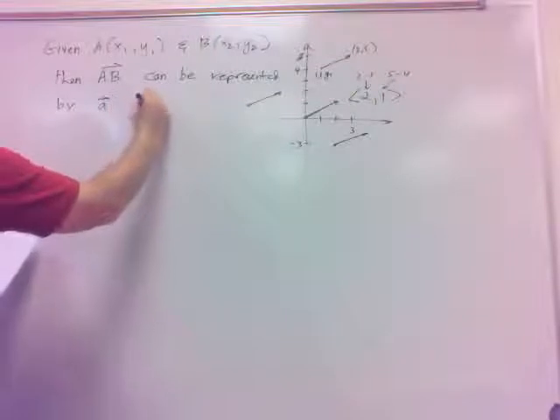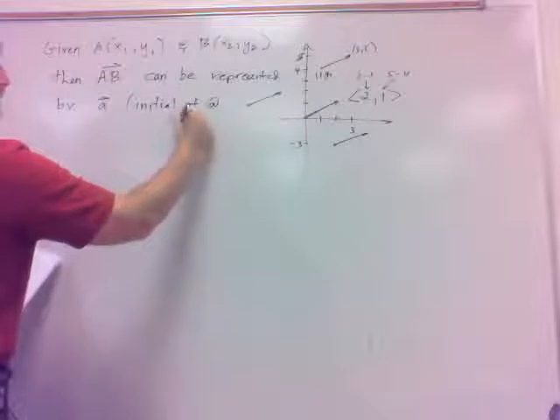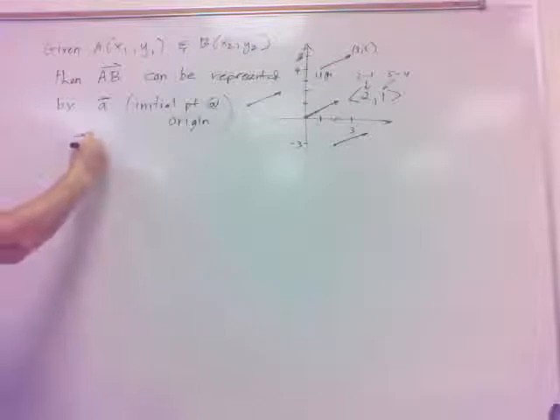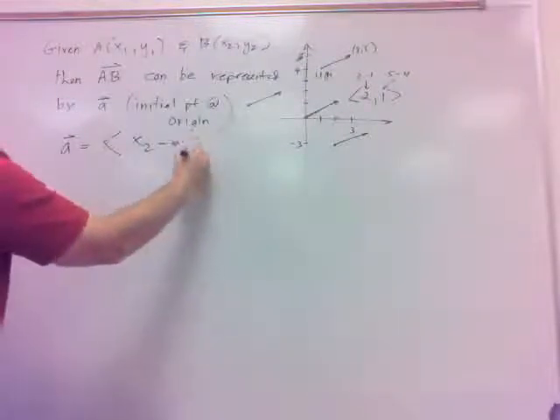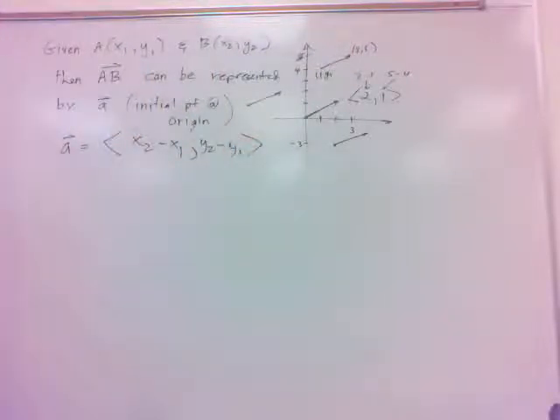So that's initial point at the origin. Just subtract the x's, subtract the y's: x2 minus x1, comma, y2 minus y1. What we just said. Harder to write than it is to show, matter of fact. Mathematics, that's a lot of times true. Something's harder to write than it is to visualize. All right.